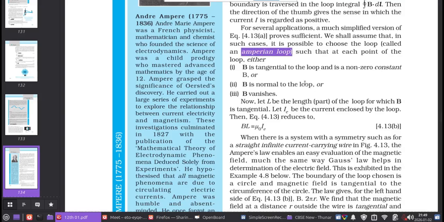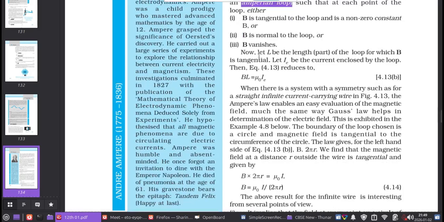See this loop. In the previous Gauss law we studied the Gaussian surface. Here we have another imaginary length, the Amperian loop, we will study.